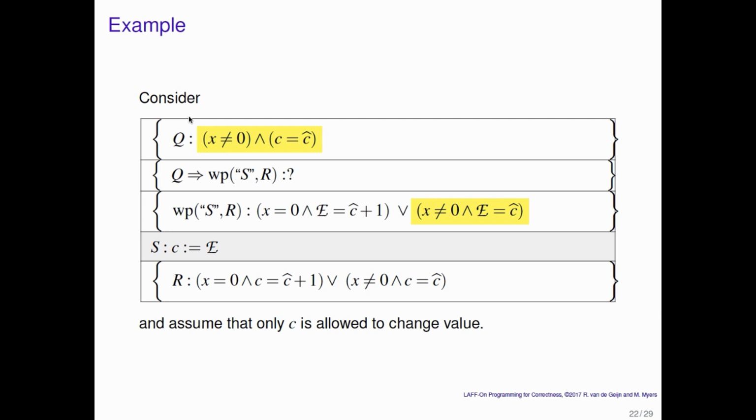Why? Because here we said that x is not equal to 0, and we're not going to change the value of x. And then through the same kind of reasoning we just did, we can conclude that the expression should be just c. And then we recognize that if you assign c to c, you might as well execute the skip command. So this is an alternative way of deriving a command that turns out to be the skip command.